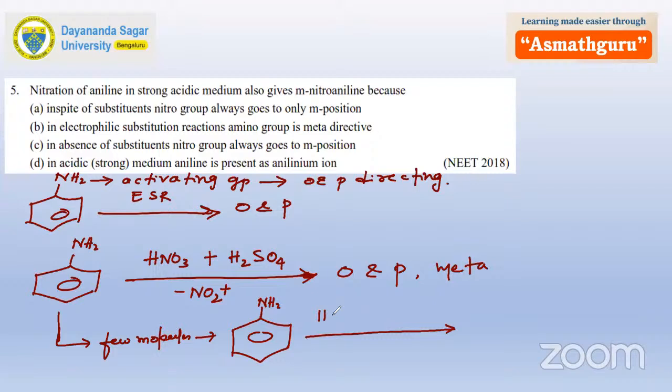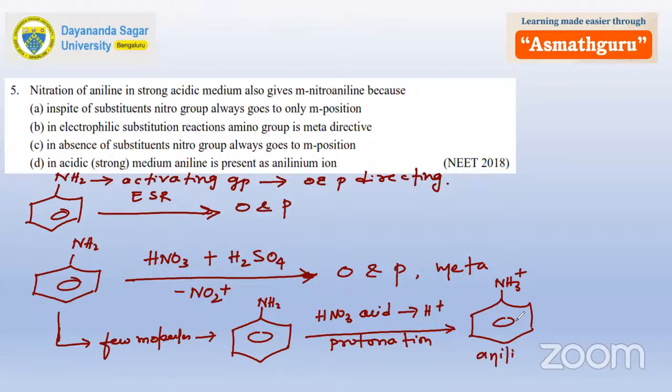Sir, HNO3 is acid. And acid gives you H plus. By using this H plus, they undergo protonation. When they undergo protonation, they form a molecule called NH3 plus, and this is called anilinium ion.